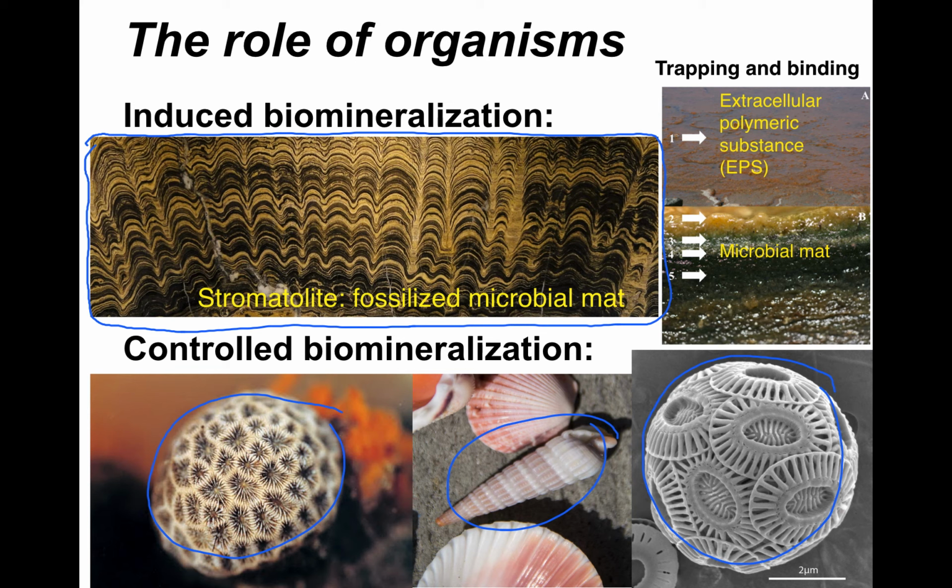This can happen both surrounding cells and also within cells, and can make intricate designs even at very small scales. So if you look at the scale bar right here, this is just 2 microns across, and this is a very intricate structure. When this structure disarticulates and these plates fall to the seafloor, they make a familiar rock type called chalk.